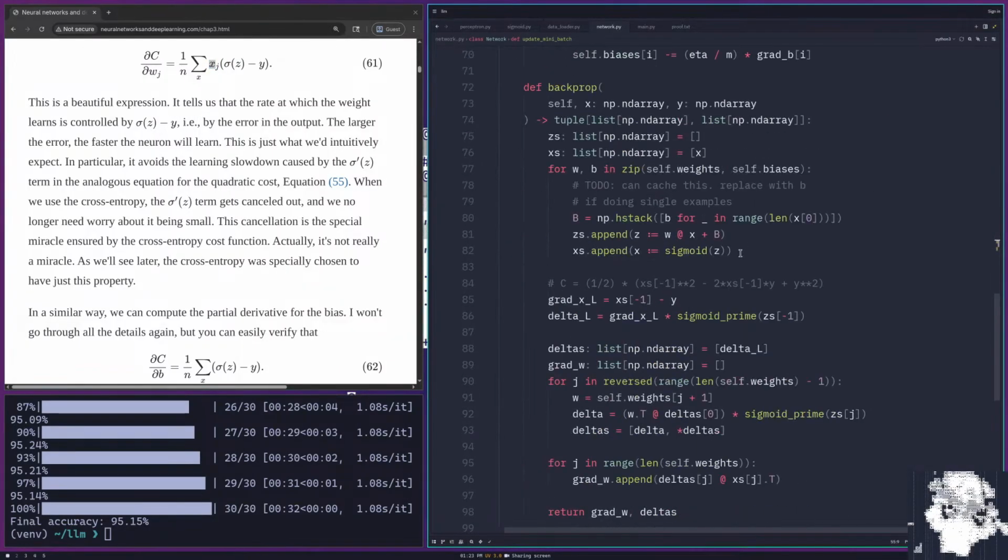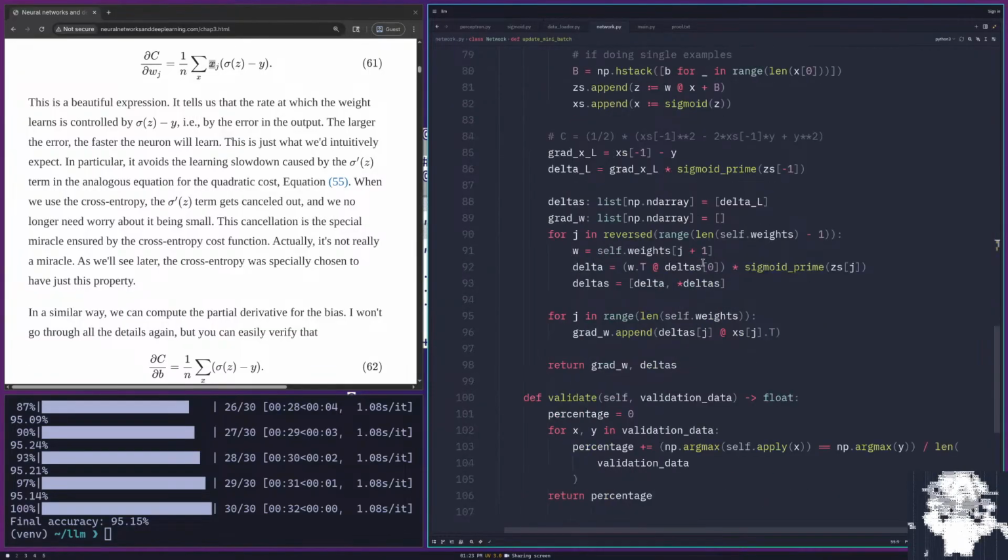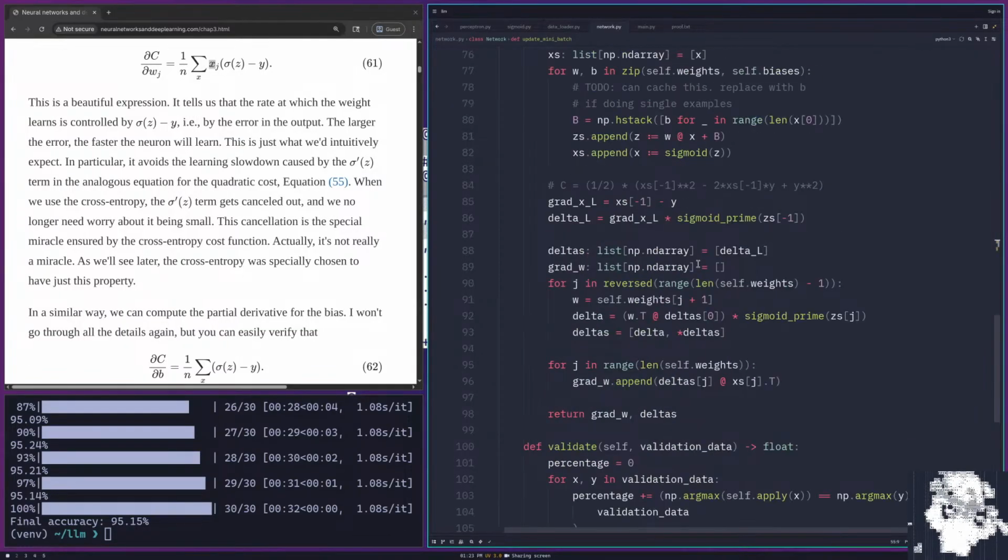I'm just curious, in our implementation, where did the cost function fit in? So you've got the derivative of the cost function with respect to x was x minus y for us before.